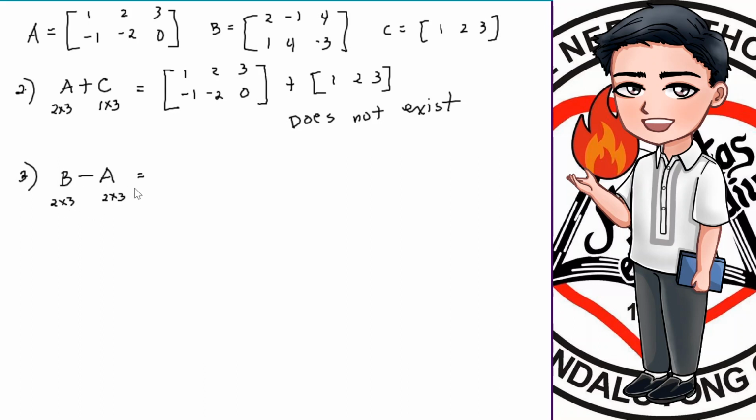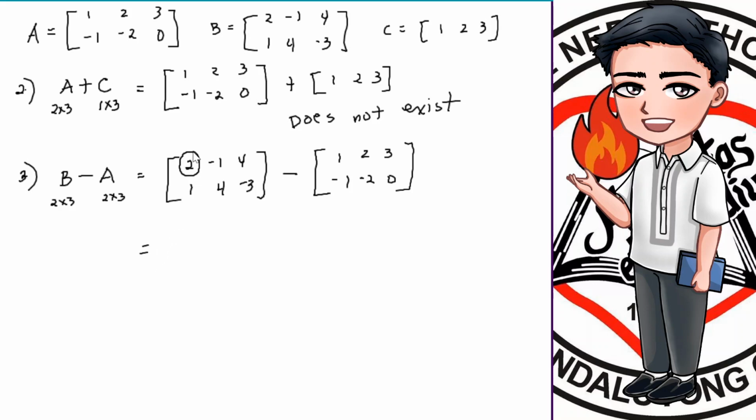Therefore, both of them have the same size. So copying matrix B, which is 2, negative 1, 4, 1, 4, negative 3, minus 1, 2, 3, negative 1, negative 2, 0.